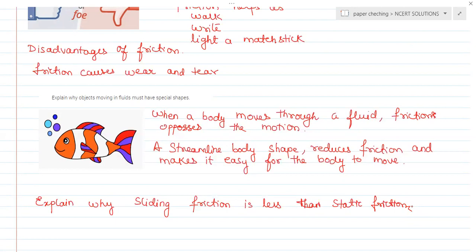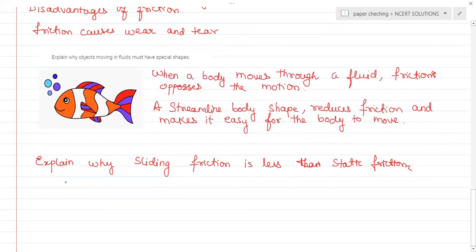Once the body starts moving, it becomes easier for us to push or pull an object. Static friction gives time for interlocking, but sliding friction does not give time for interlocking.